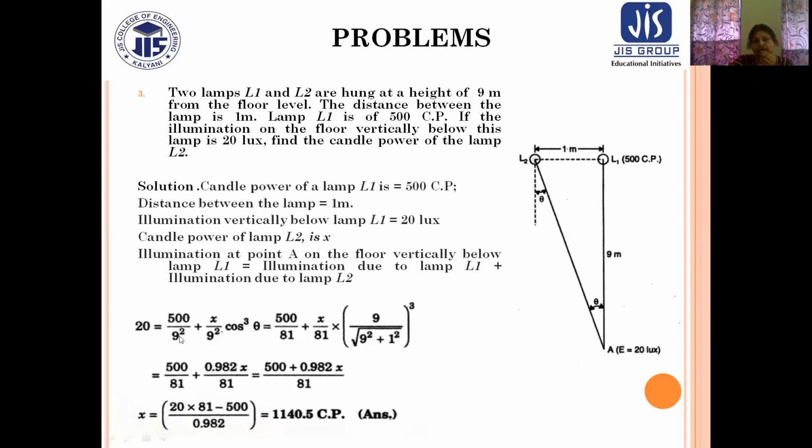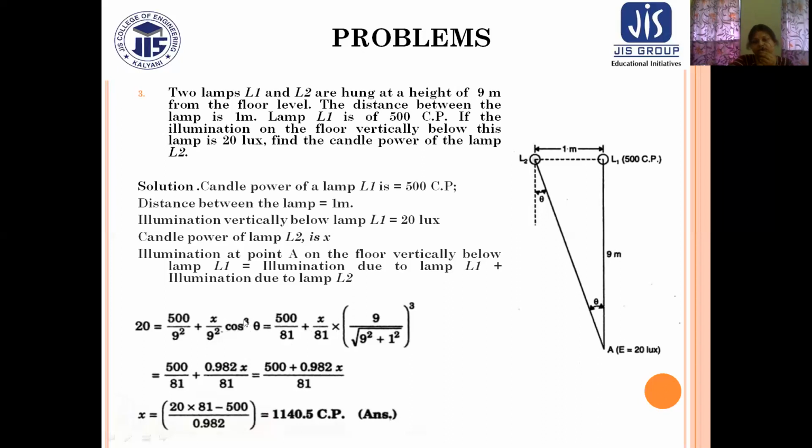So Cp by h square plus x by 9 square into cos cube theta, that means Cp by h square into cos cube theta, right? And illumination at point A that is given in the question is equal to 20 lux, right? Now we get 500 by 81 plus x by 81 into cos cube theta.